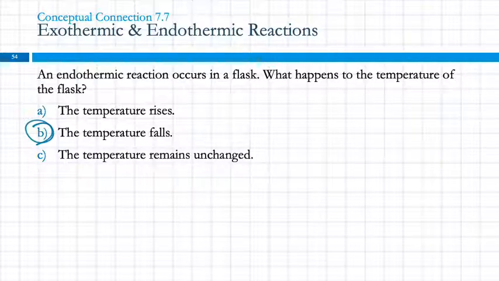Did you guys have problems with that pre-lab question? How is it falling? So the reaction is absorbing energy, and that energy is going into breaking strong bonds. And so the energy comes from the surroundings as thermal energy or heat.